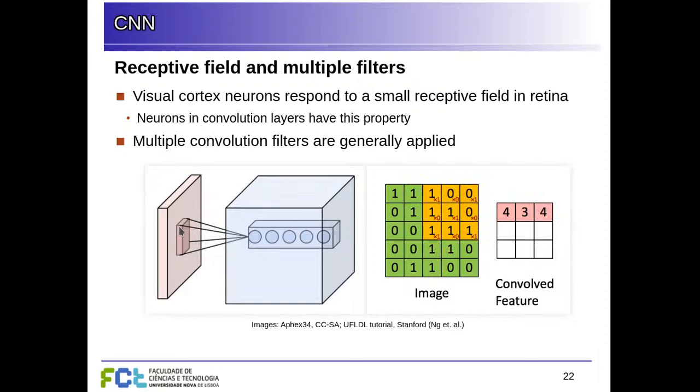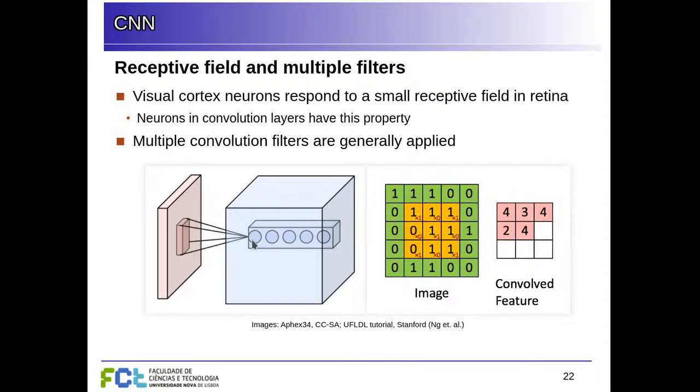So the receptive field is the set of neurons in the retina that will feed each neuron in the visual cortex. And the idea here is that each neuron in the convolutional layer will map to some receptive field in the input, where it will be sliding and computing all these different values in the feature map.